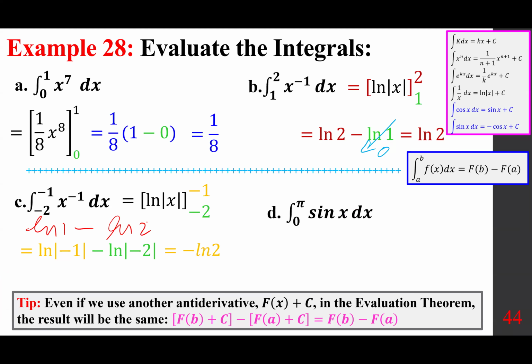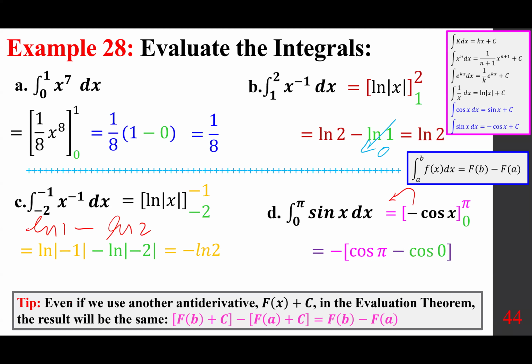How about the integral from 0 to pi of sine x dx? You recall the derivative of sine is cosine. The integral is negative cosine. We don't need a constant because it's going to be a number. We plug in pi and 0. I'm going to keep the negative out, and say minus, then cosine pi minus cosine of 0.